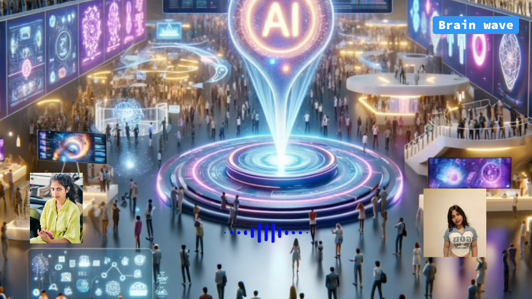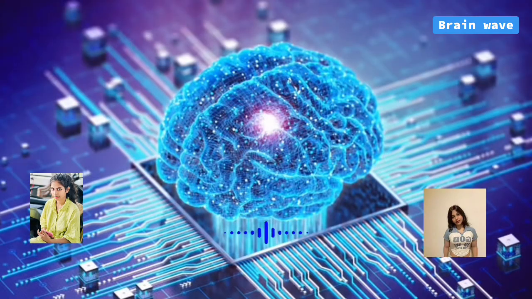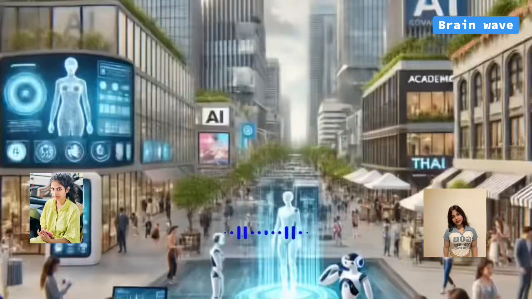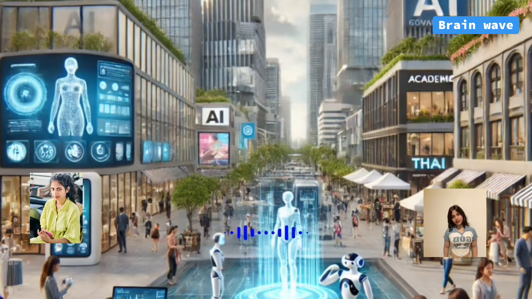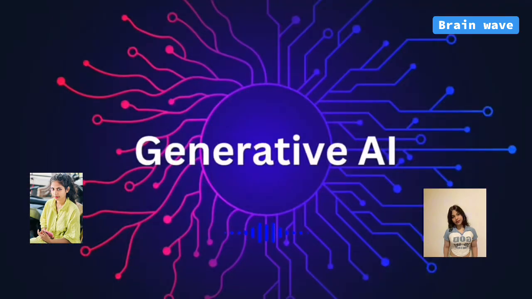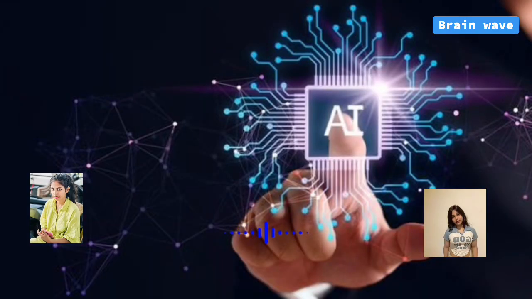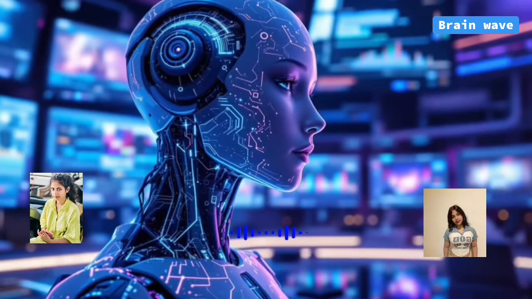Let's talk about the upsides. Why should people embrace AI? 1. Speed. It saves time on repetitive tasks. 2. Creativity. AI helps people generate new ideas or combine existing ideas in innovative ways. 3. Accessibility.